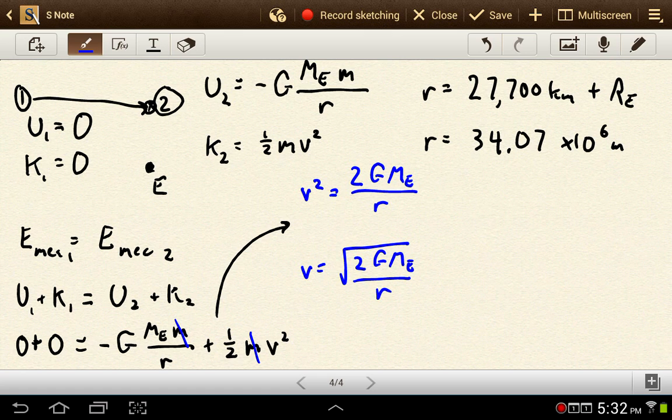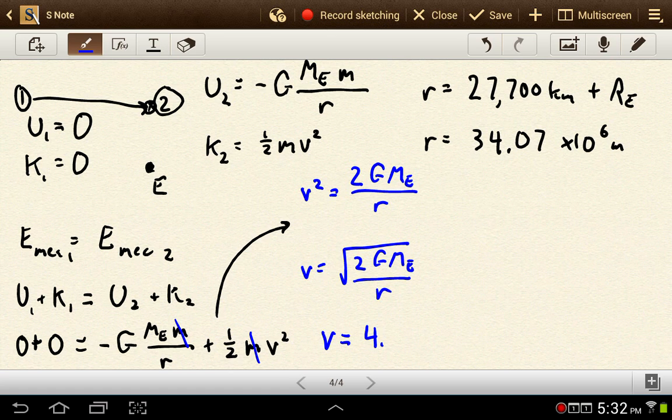And as I recall, I want to say the velocity I got was 4.23 or 32. Well, I guess I'll just go ahead and do it. Let's see, square root of 6.67 e negative 11 times 2, right, times 5.97 e 24 divided by 34.07 e6, close parentheses, equals 4.8.